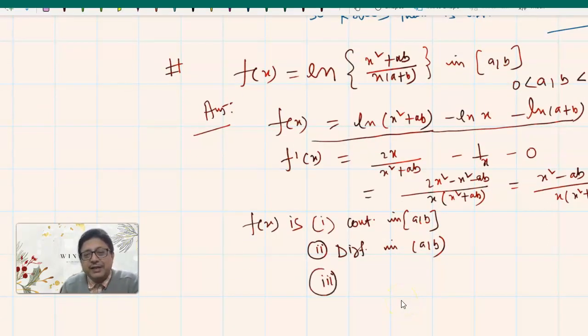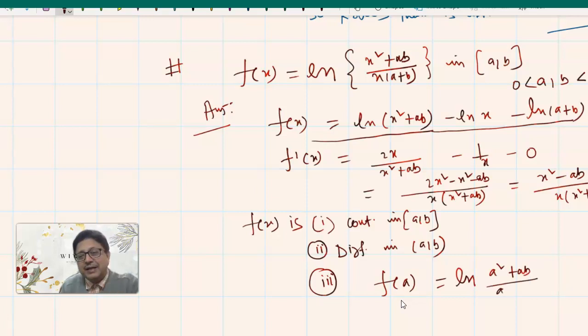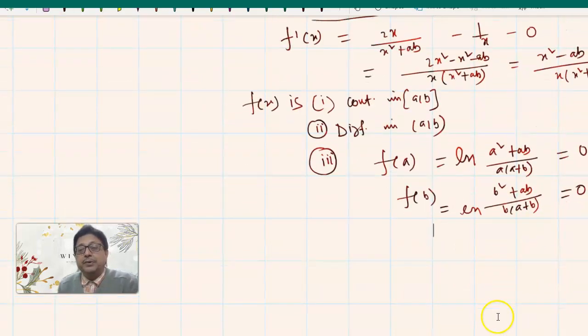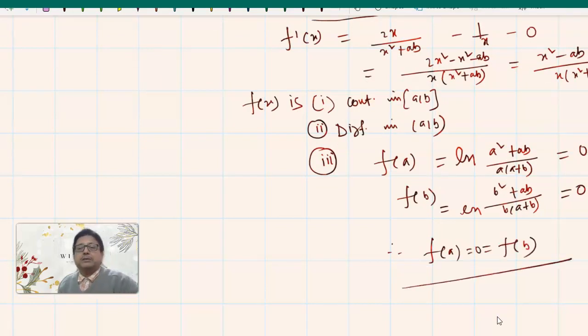Number 3, f(a) equals ln 1, which is 0, and f(b) is also 0. Since they are all equal to 0, therefore f(a) equals 0 equals f(b).